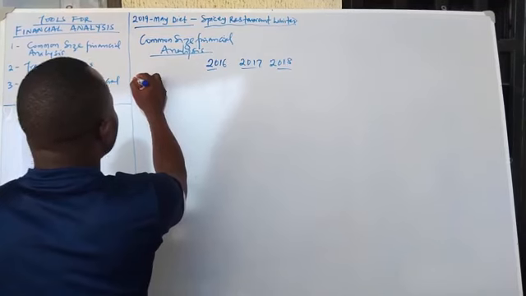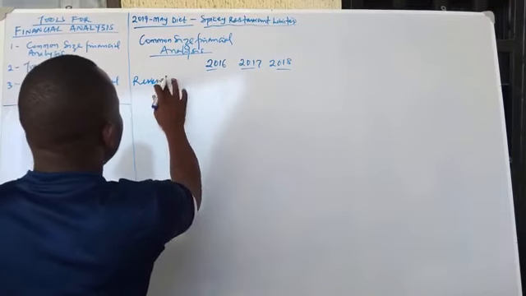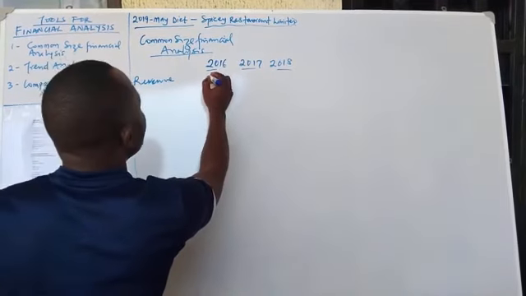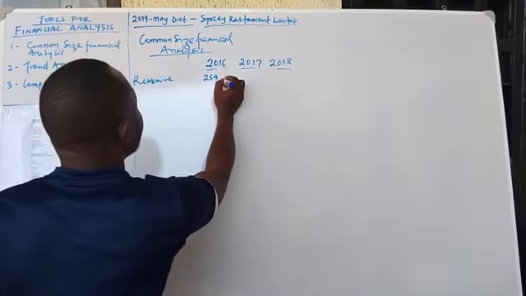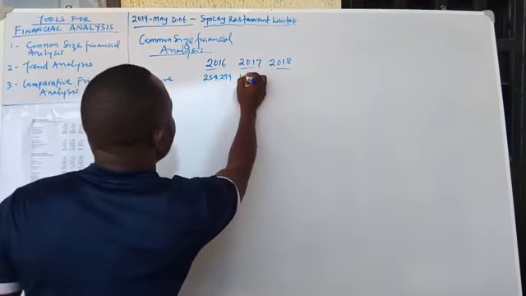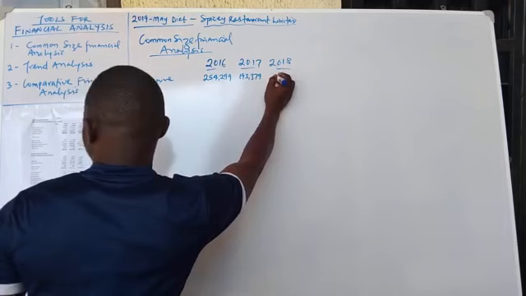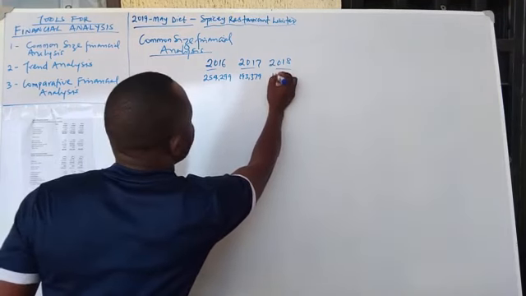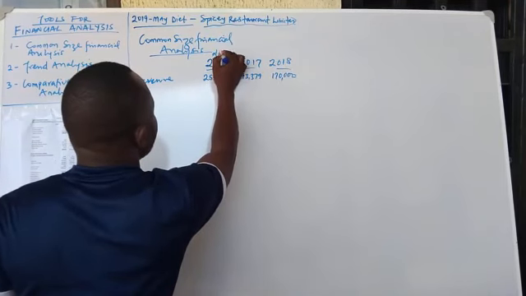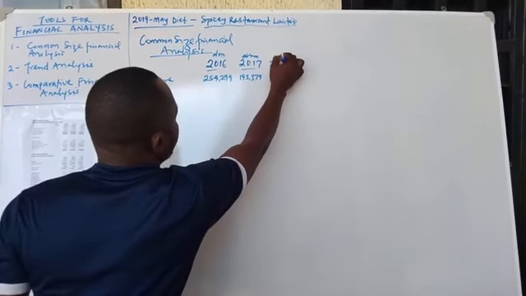Now let's say we have revenue here. You have an amount for revenue which is 254,299, then 193,379 here, and we have 170 here. Please remember, everything here is in thousand.